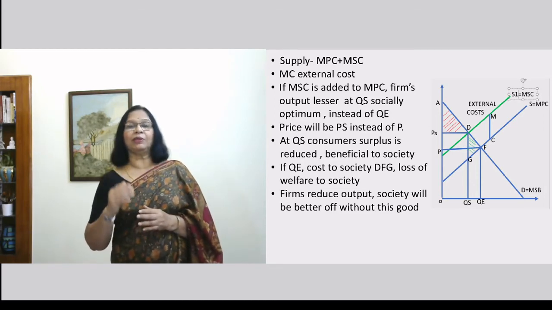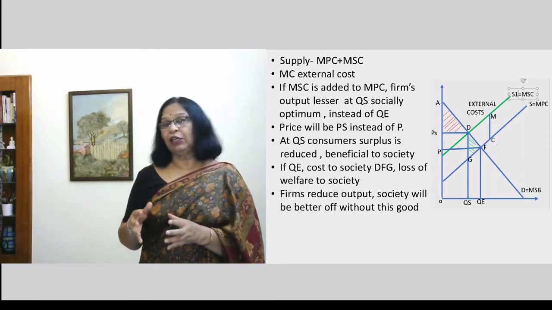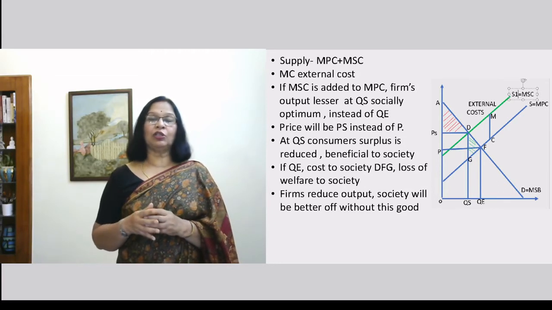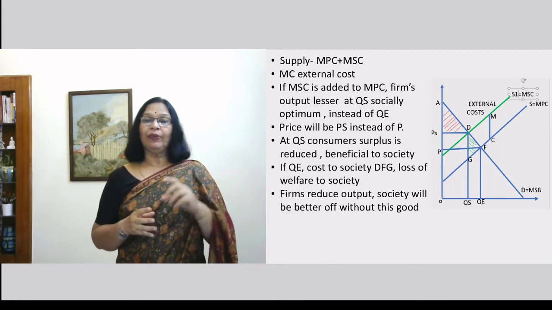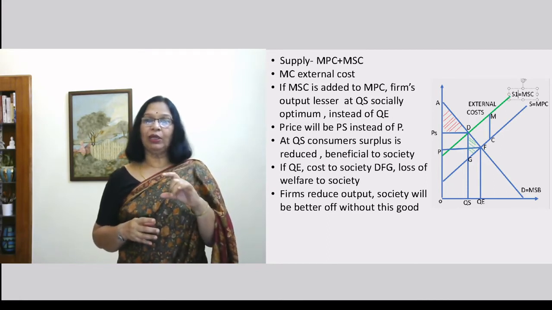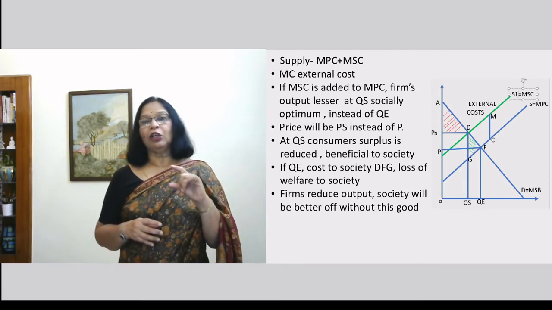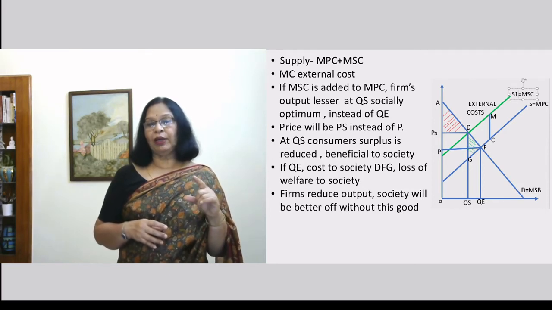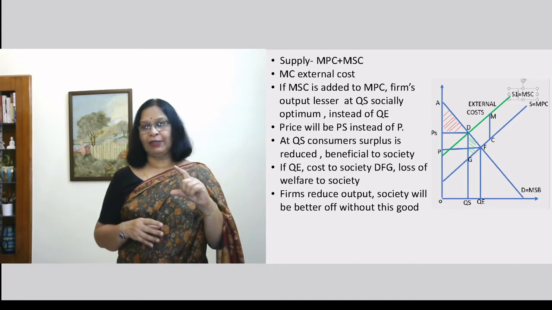But suppose, because of the government rules, let us assume that the government has asked it to spend resources on cleaning up the water. In the case of cleaning up the water, the cost of cleaning up the water is MC. When the cost of cleaning up the water is MC, then the cost of production will rise, and therefore the price too will rise. The price will now rise from OP to OPS.